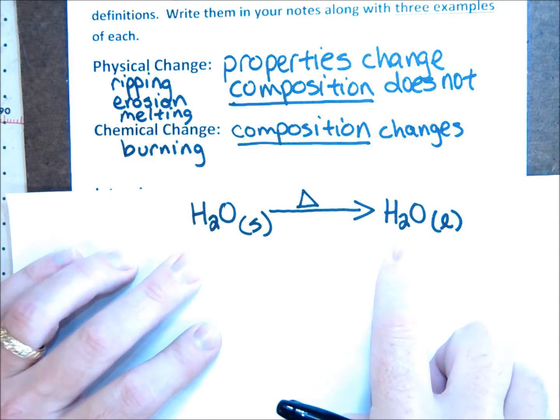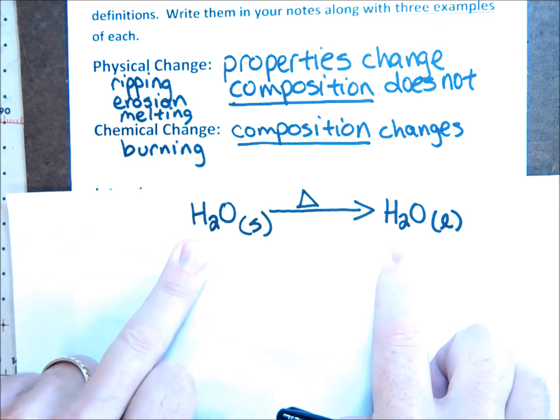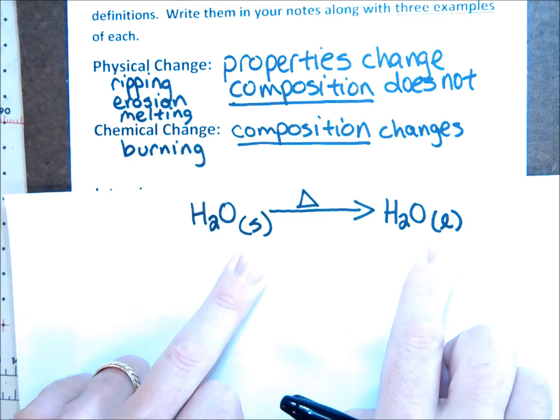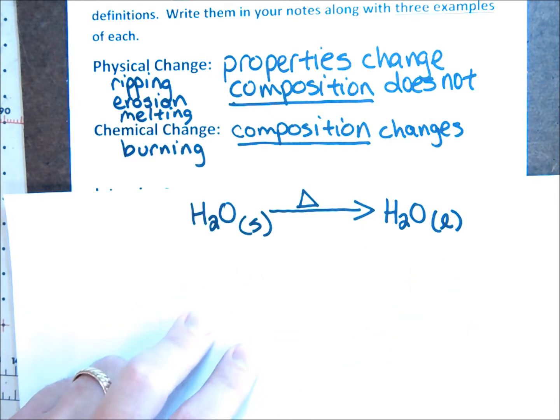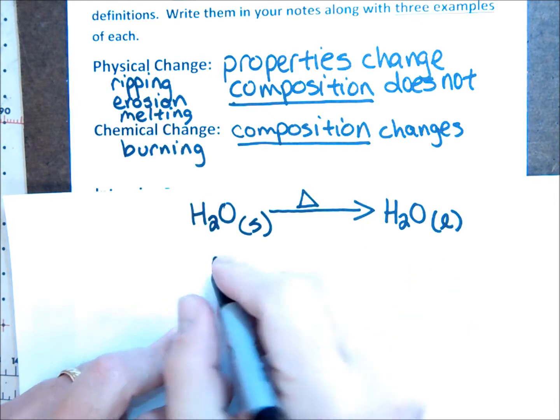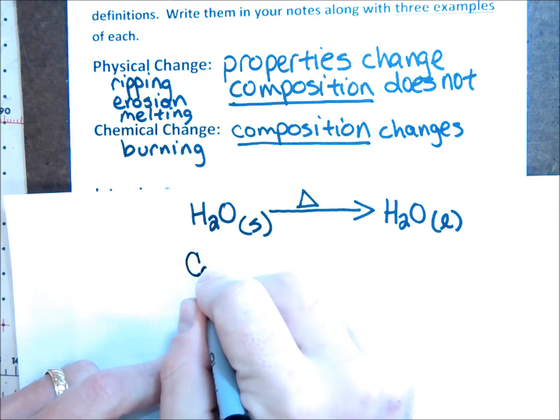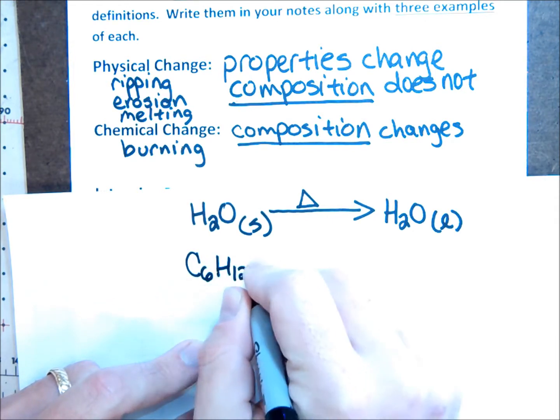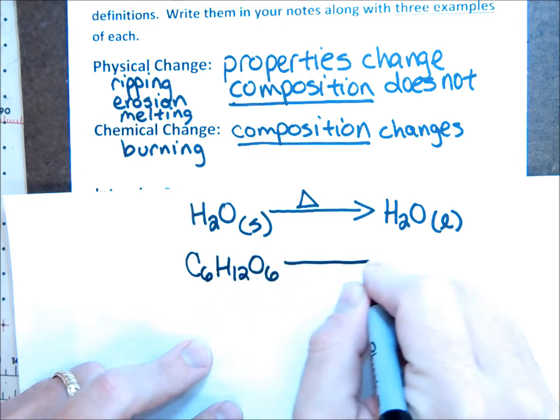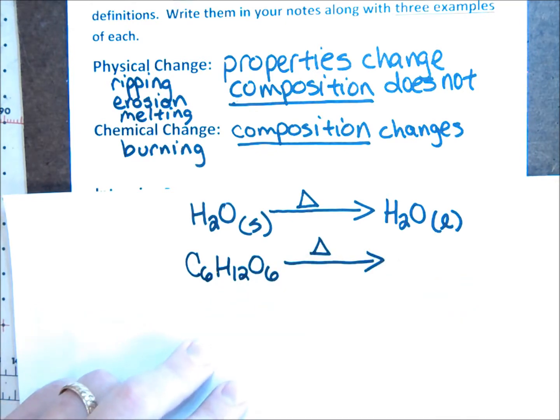Okay. So my formula here is what? H2O. My formula over here is what? H2O. I didn't change the composition, just the different states of matter. But here's what happens with sugar. It doesn't melt. Okay? It didn't melt.